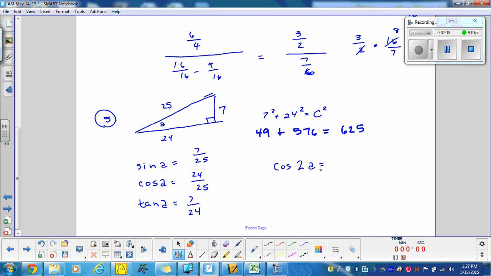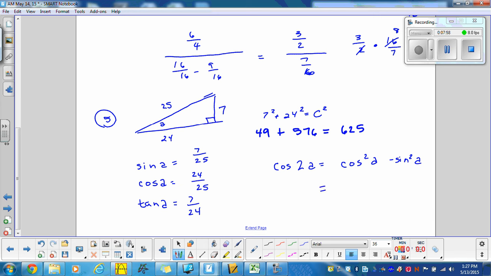So looking at your index card, the cosine of 2 alpha has 3 choices. So we're going to pick one because we know all of the information. So it doesn't really matter which one we pick. We're going to pick this one, cosine squared of alpha minus sine squared of alpha is going to equal cosine of 2 alpha.